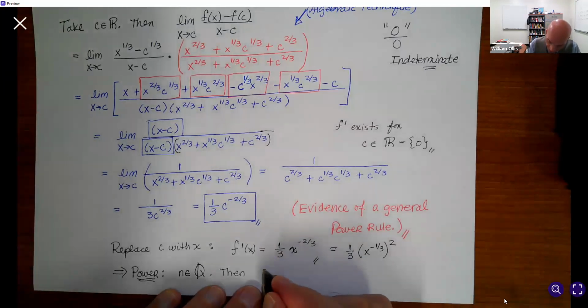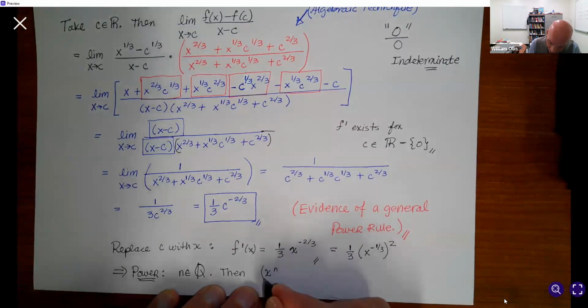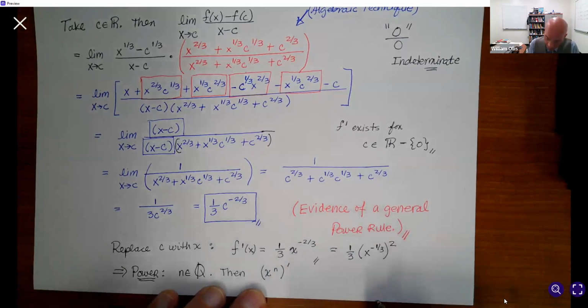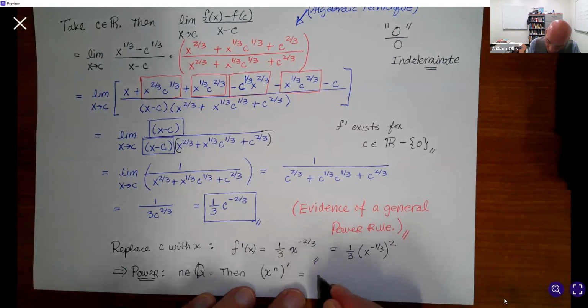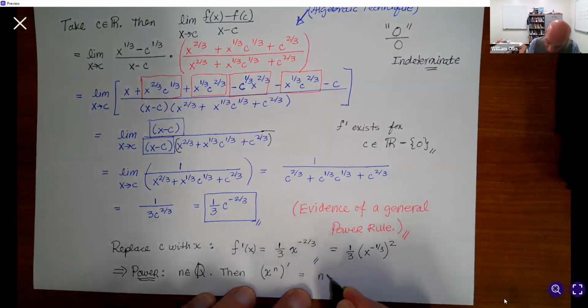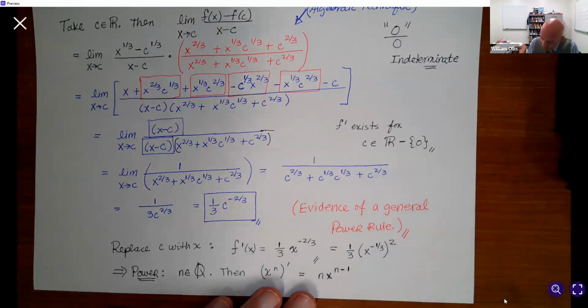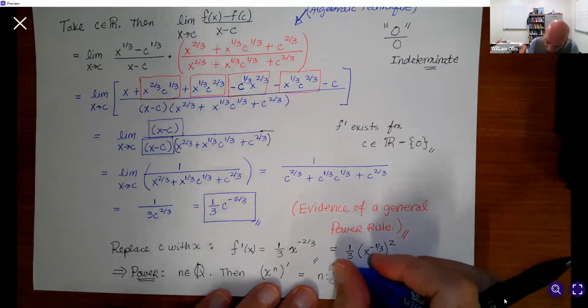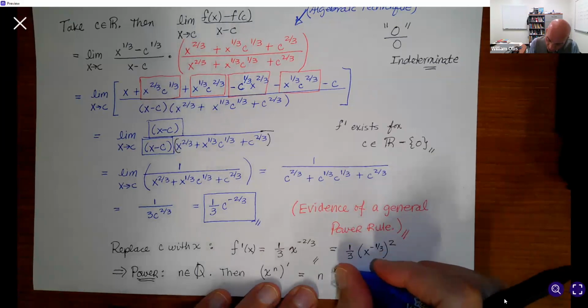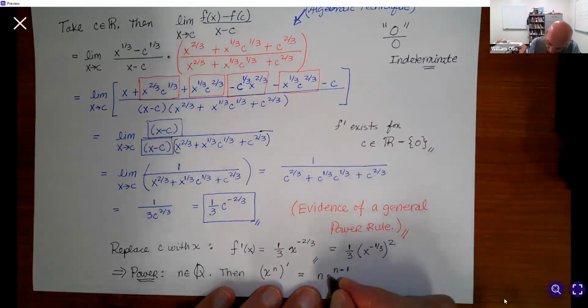So in this case, we say x to the n, prime will now just be n times x to the n minus 1. We've already dealt with the case when n is equal to 1, so we just use this for all the others.